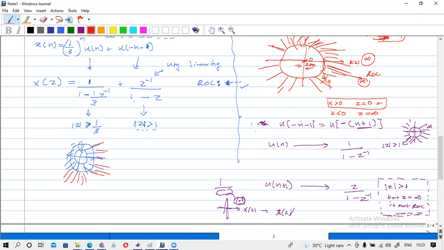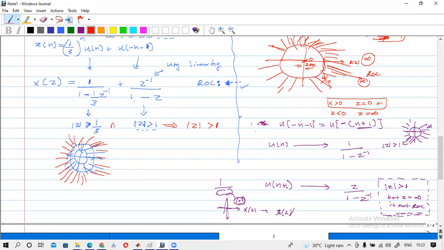Can anyone tell what the common area for both ROCs is? If you get the intersection, what is that? Yes, very good. The ROC will be z greater than 1.